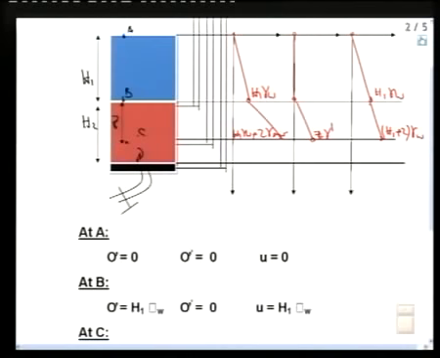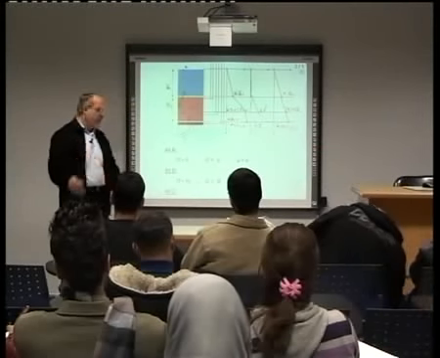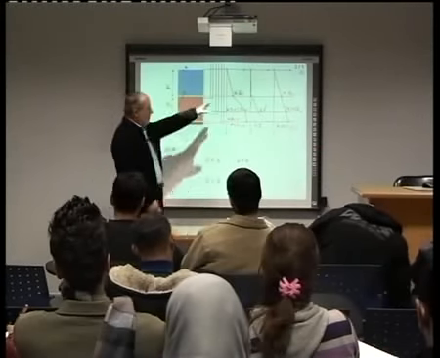If we continued, then we have H1 gamma water plus H2 gamma saturated. Here we will continue to have H1 plus H2 gamma water. And here we will have H2 gamma effective. We have this in front of you. I told you to have just 1/3 of the page and draw it, and you did. This is the same thing that we have here.